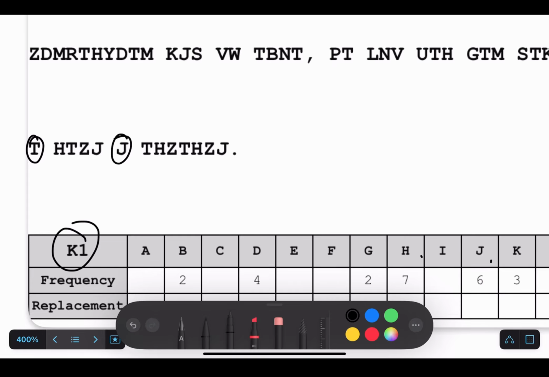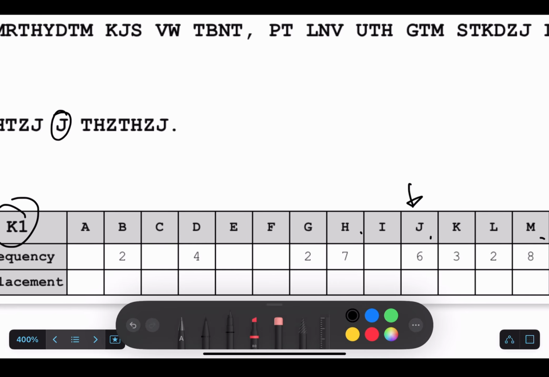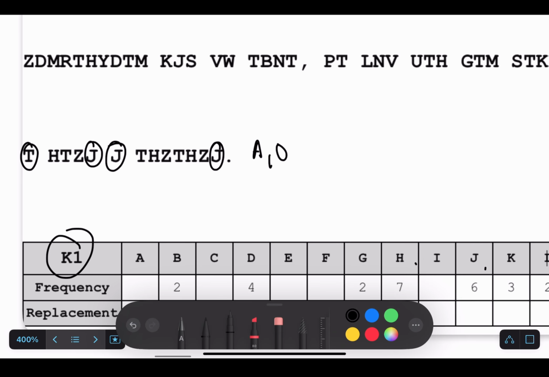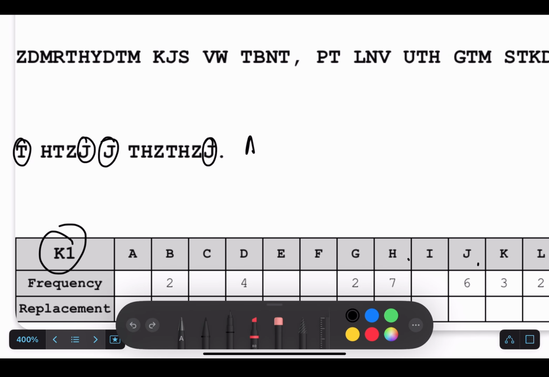Now J has a pretty medium frequency with 6, but if I look at the placement of my J, I can see that it's at the end of all 3 of these. So it tells me that it must be A or O. I came to this conclusion because first of all, J must be a single letter word.